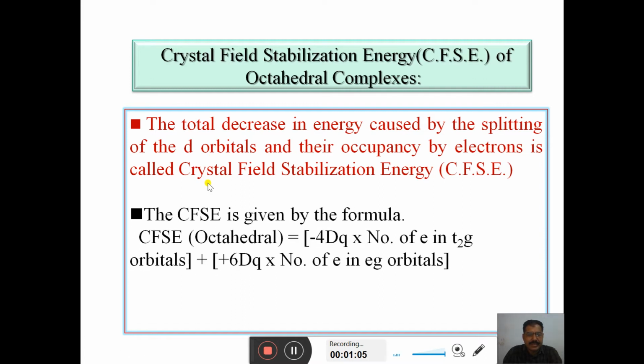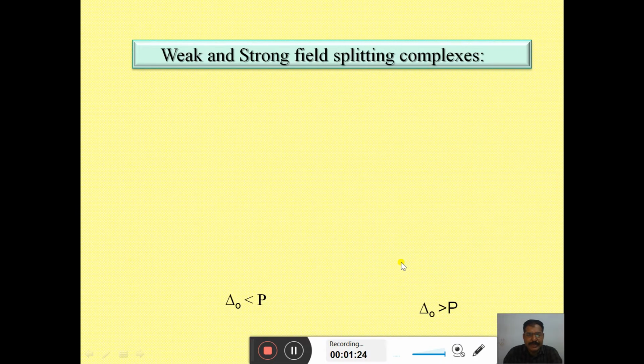This crystal field stabilization energy can be calculated with the help of a formula: CFSE of octahedral complexes is equal to minus 4 Dq times the number of electrons in t2g orbitals plus 6 Dq times the number of electrons in eg orbitals.